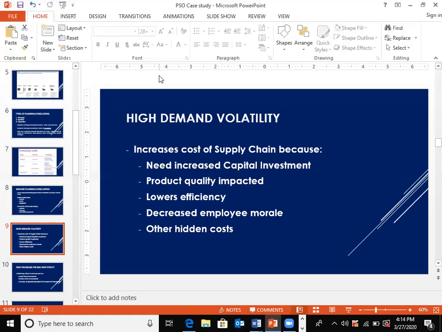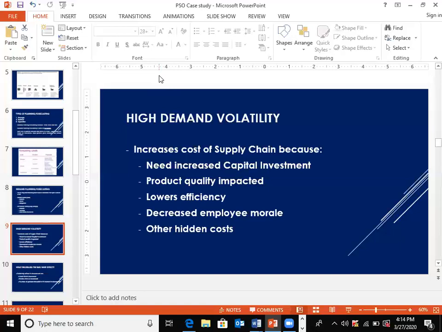impacted. There's lower efficiency as well. What this means is that the things being made may take effectively a little bit longer per good, because again, your infrastructure, your employees, everything is being pushed to its limit, and that over a sustained period of time reduces efficiency.